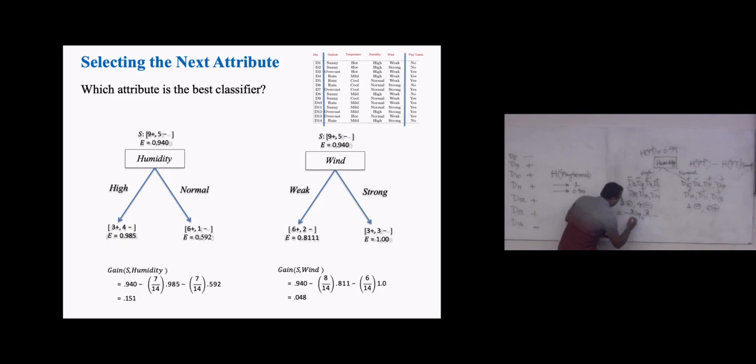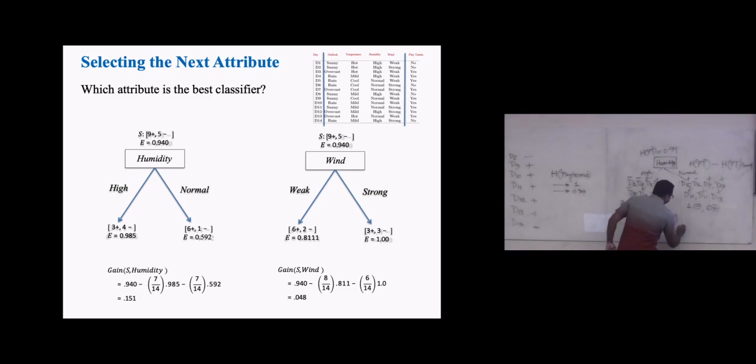Right. 3 by 7. Minus 4 by 7. Log 2, 4 by 7. What is that value? That should come to something like 0.985. Okay?